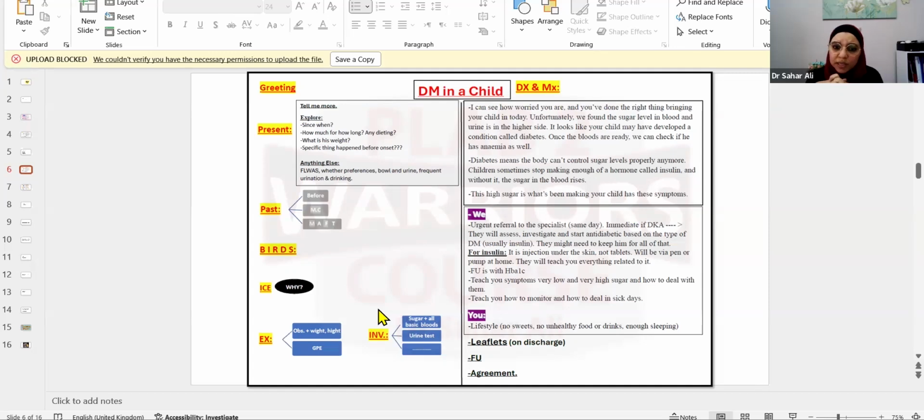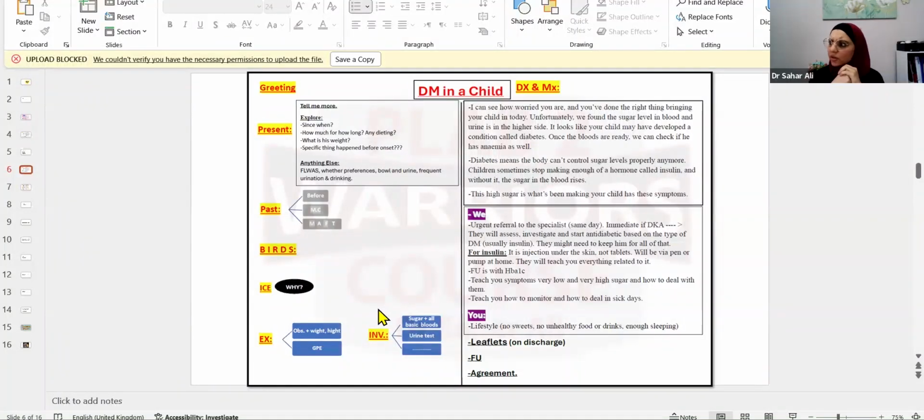Unfortunately, we found that the sugar levels in the blood are higher than usual, and your child might have developed diabetes. Can you see the facial expressions? Can you see the pose? Okay, diabetes. And look at her.